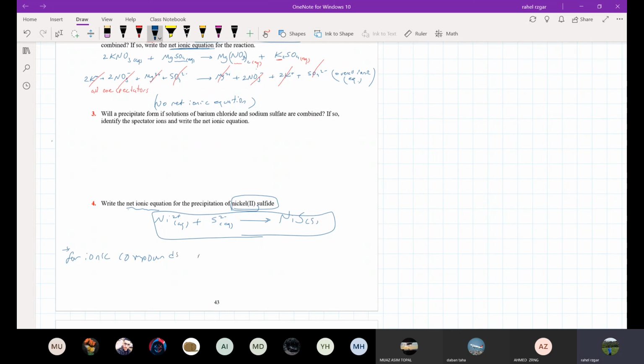For ionic compounds, net ionic equation is the opposite of dissociation. Dissociation was, for example, KCl becomes K and Cl. Dissociation was from solid to aqueous, but net ionic equation is from aqueous to solid. See the difference now?